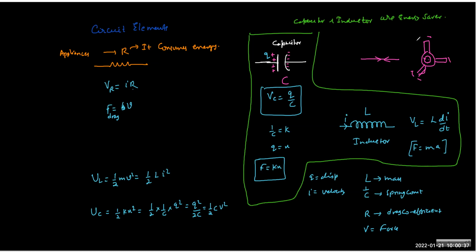They can store energy, and if required, give it back to the circuit. Without a capacitor or inductor, we cannot store energy, and without a resistor, we cannot dissipate or consume energy.